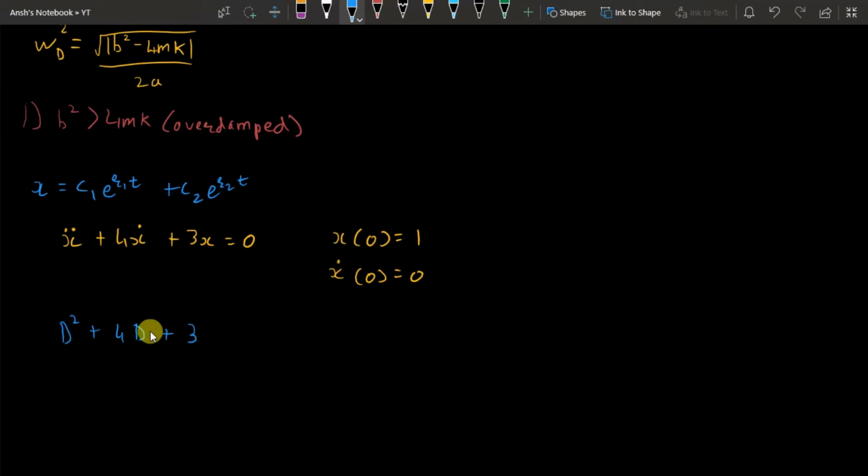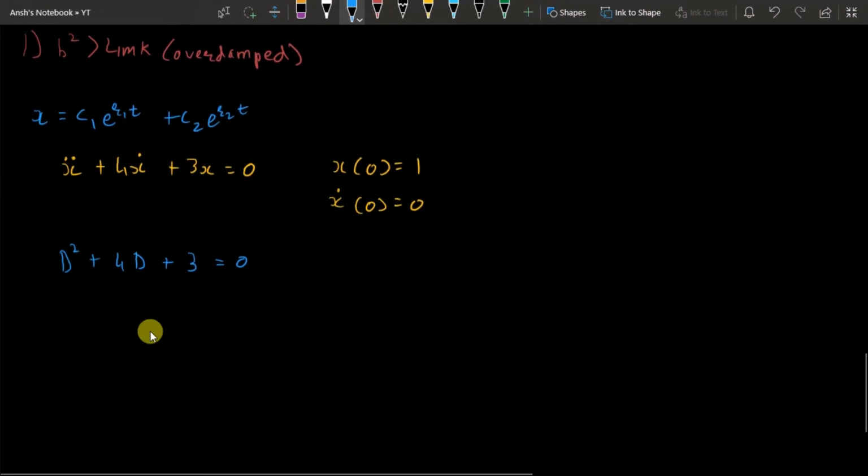The no derivative term stays as it is, and for the quadratic equation, we have the roots of the equation, r1 and r2, equal to -1 and -3 respectively, and you can solve the quadratic equation and find it out for yourself.